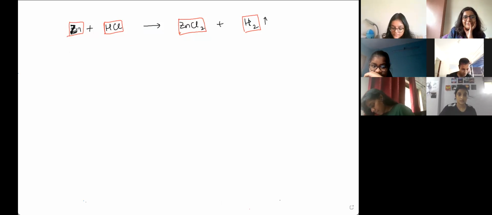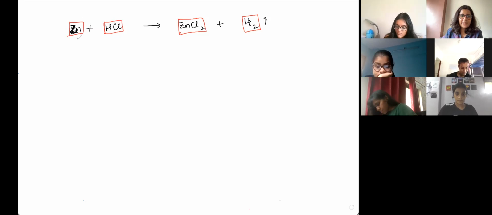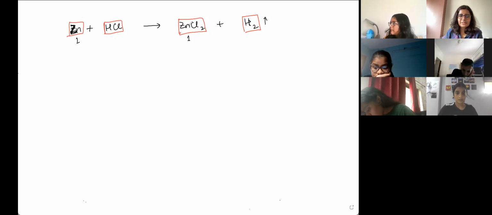But otherwise, balancing is correct. So pretty much all of you have gotten it. Arshia, you just need to correct it. Zinc is balanced, there's one. Next, only hydrogen and chlorine. There are 2 of chlorine, so you just need to multiply HCl by 2 and it gets balanced. Okay.